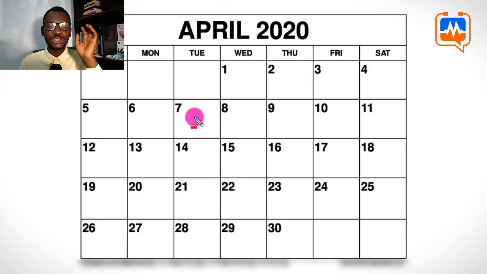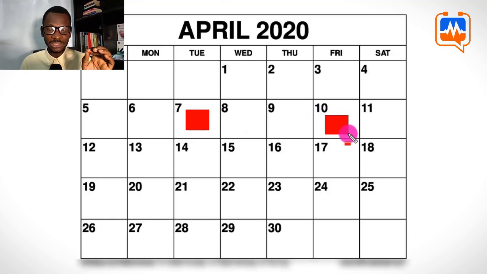For example, if you started bleeding on the 7th, if you started your menses on the 7th and you finished on the 10th, you don't start calculating from the 10th. You start calculating and counting from the day you started bleeding.